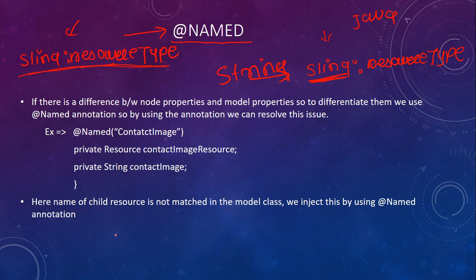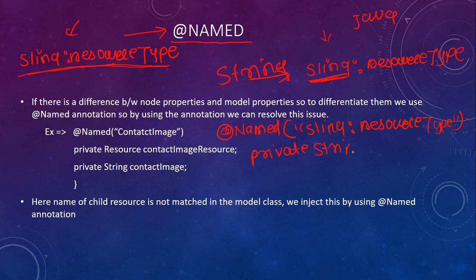It is also used for the mapping. Consider that you want this Sling resource type: you can simply use @Named, and inside this you can use sling:resourceType. Now, automatically, if you have one variable like a private String, and here I'm defining slingResourceType, this is the variable I have defined.